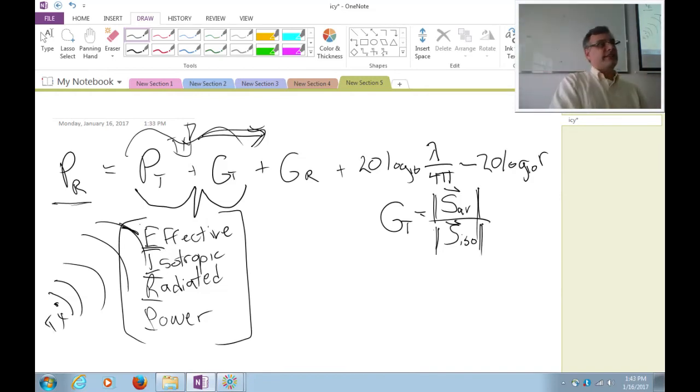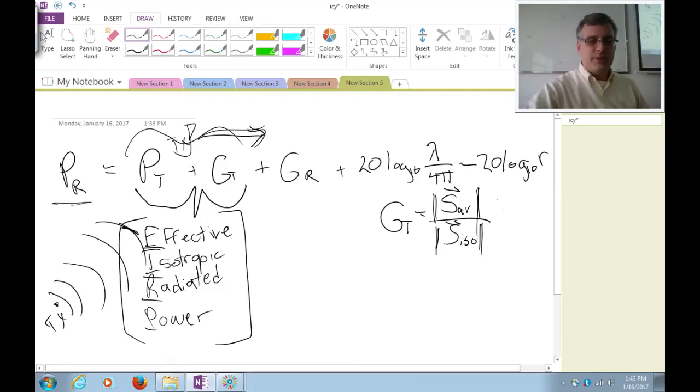Yeah? For this one, is it also a logarithm? Oh, no, this is the linear definition. I should be very careful. I'm glad you brought that up, because the way I've written it here, this is not in the dBi scale. Whenever I deal with a physical quantity, whenever I go into E's and H's and S's and all that stuff, this is in linear.